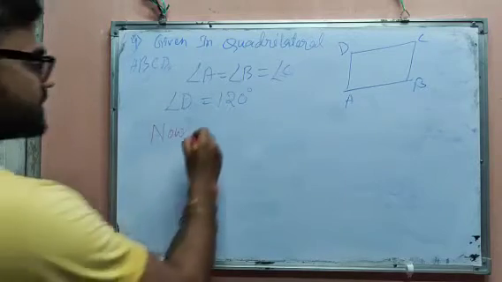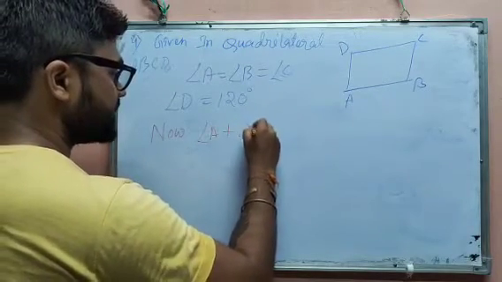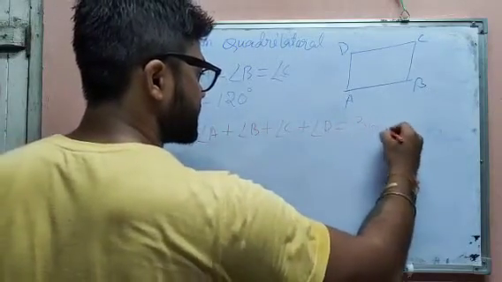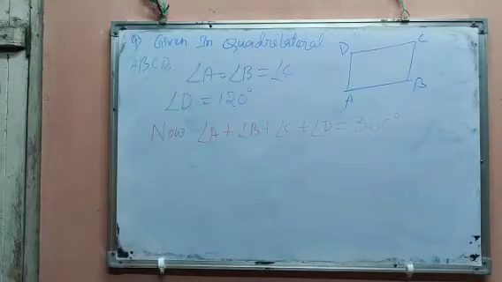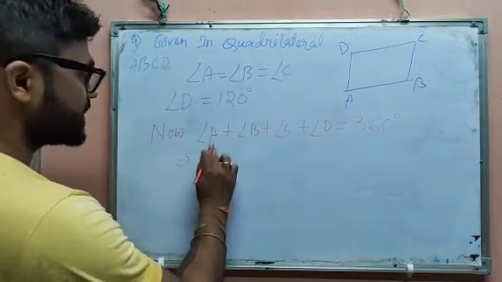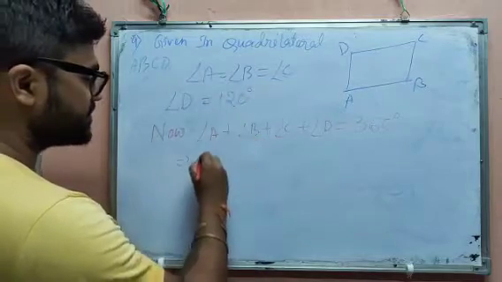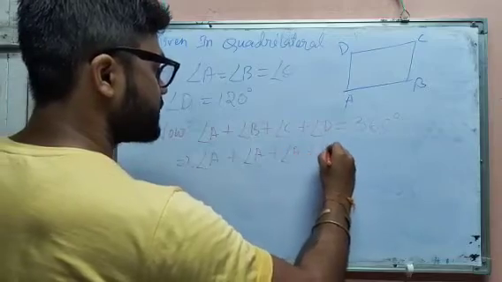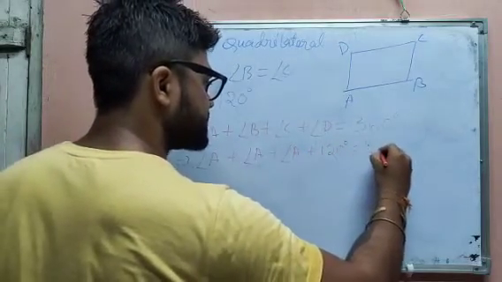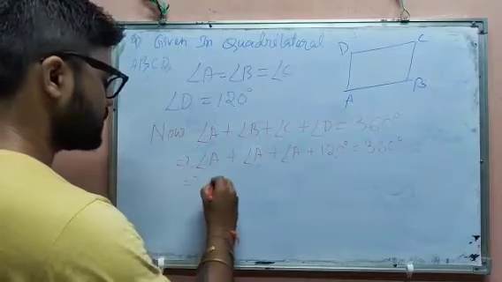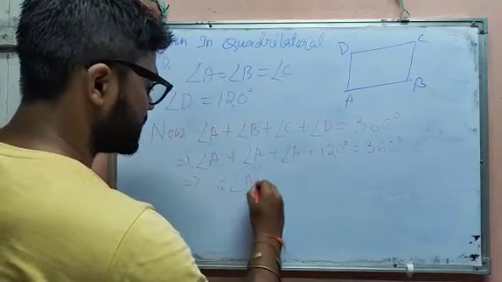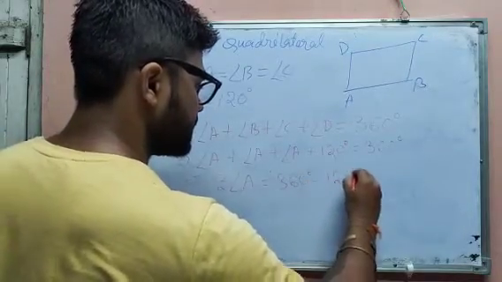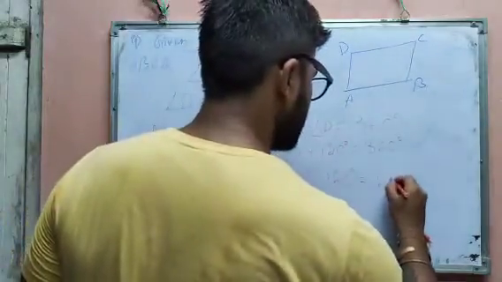Now angle A plus angle B plus angle C plus angle D equal to 360 degree. This is the angle sum. Okay. Now angle A, B, C all are equal. So in place of B and C, we are going to put only A. And here you can write 3 of angle A plus 120 degree equal to 360 degree, or 3 of angle A equal to 360 degree minus 120 degree, or you will have 240 degree.